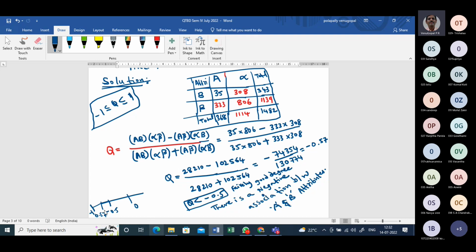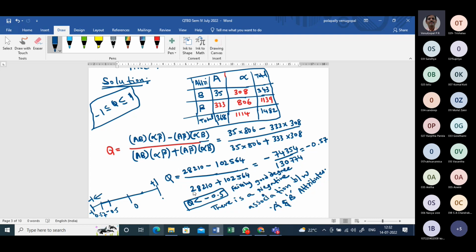It is approaching -1. Okay, your +1 is here. This is your -1. So it is approaching towards -1. Therefore, I say fairly good degree of negative correlation, negative association. Towards -1 it is approaching.